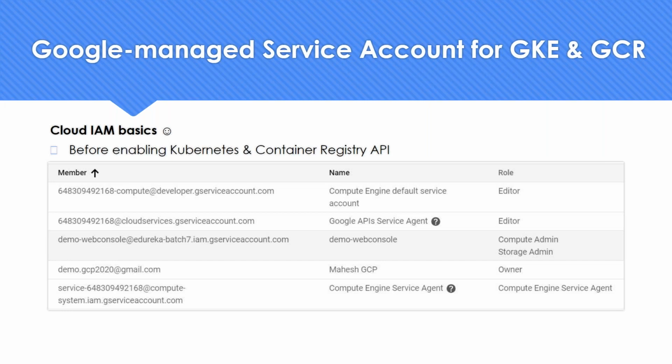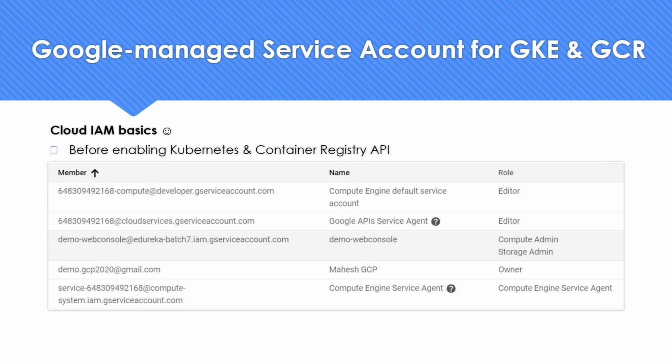Before you enable any service, go to your IAM, check, take a screenshot of what the various roles available are, then go and enable your API and see what changes happen. That way you will come to know which services are going to be changed, and which service accounts are going to be created. You'll get a complete picture. This is a small activity which you can do.